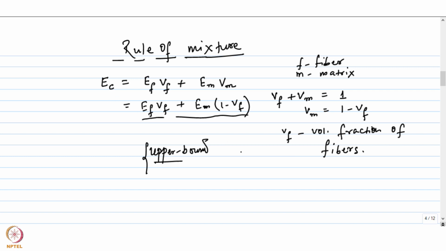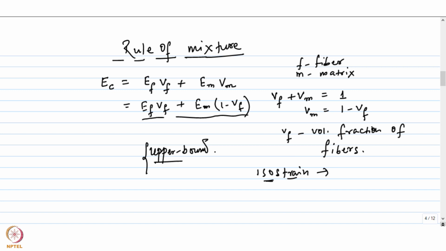This is because of the fact that there are some assumptions which are made in the rule of mixture. For example, this isostrain assumption that we made, that is strains in the fiber as well as the matrix are taken as equal, but practically that is not true. A fiber is a completely different material from the matrix, and therefore at a particular load you cannot expect the strain to be same, right? So that is one assumption because of which the experimental values and the values obtained from the rule of mixture will differ.